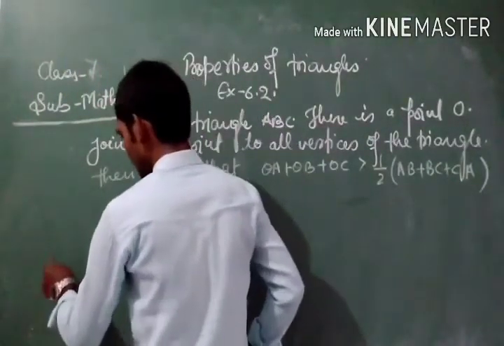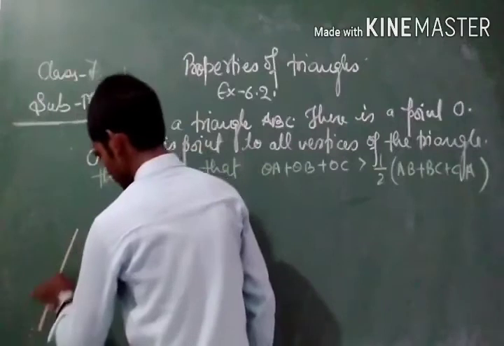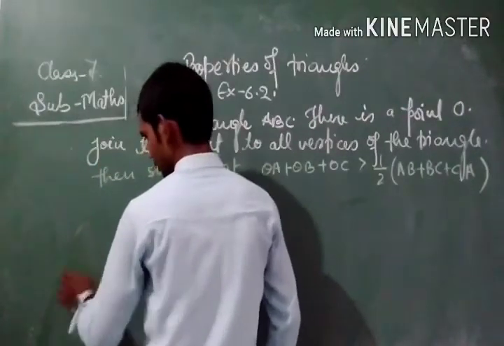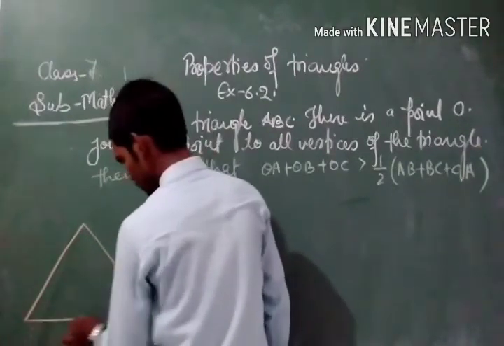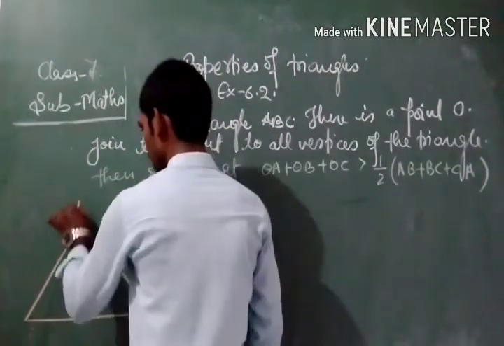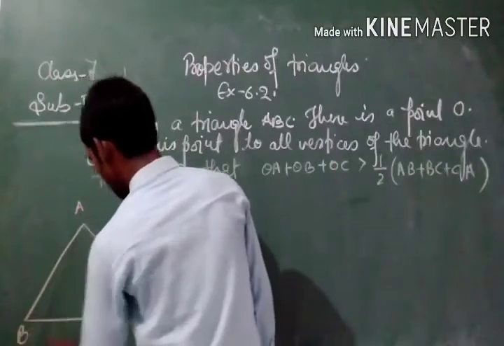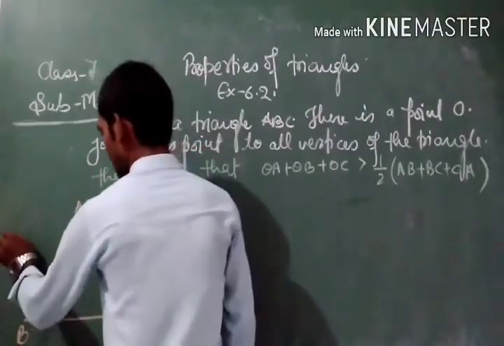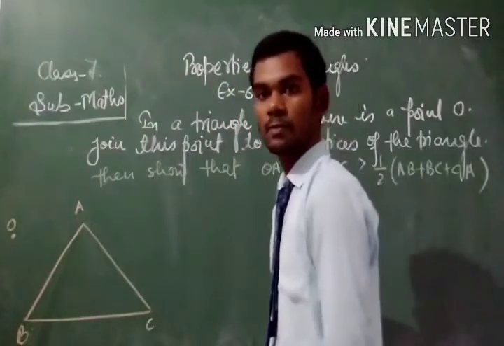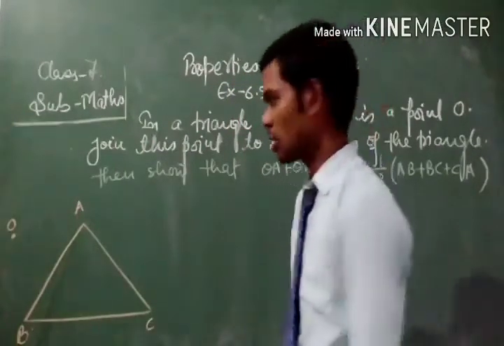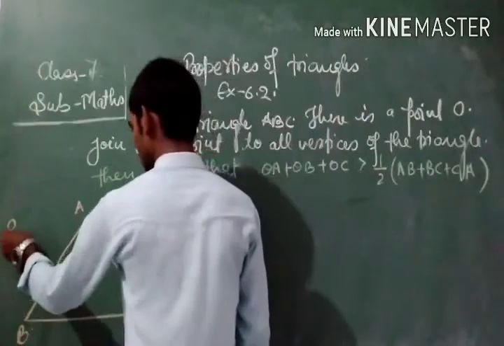There is a triangle ABC, and there is a point O. Now join this point O to all vertices like this.